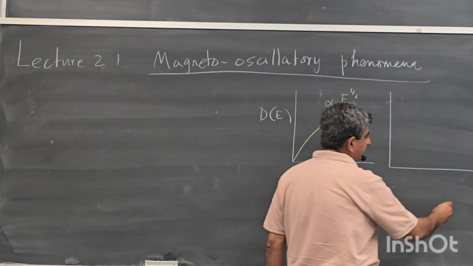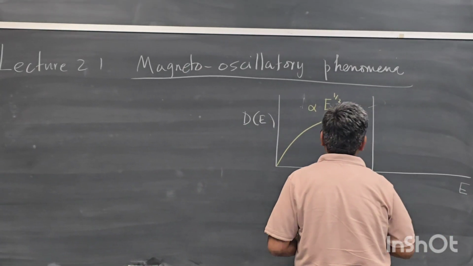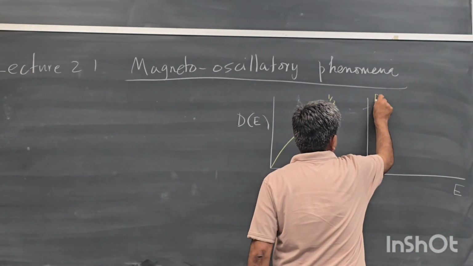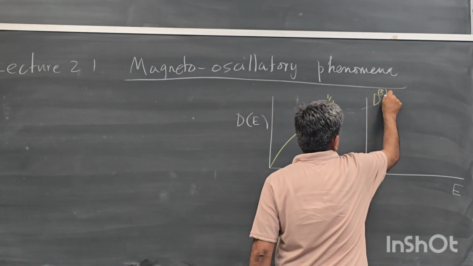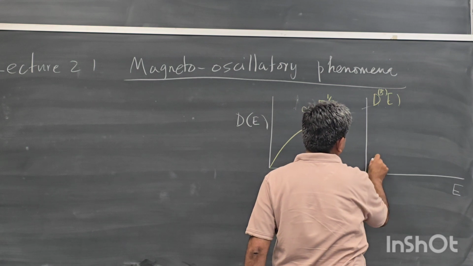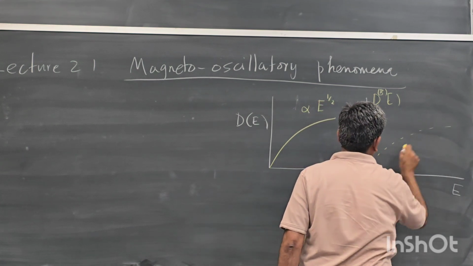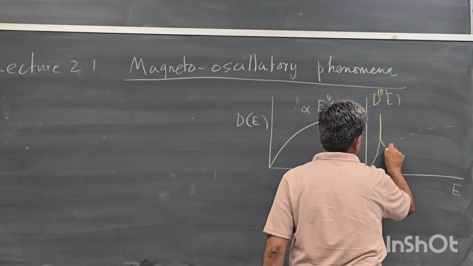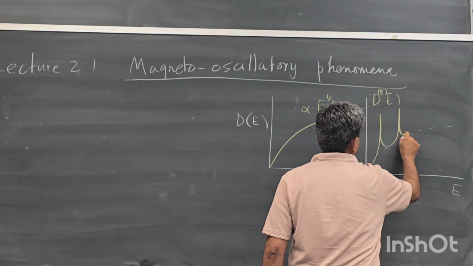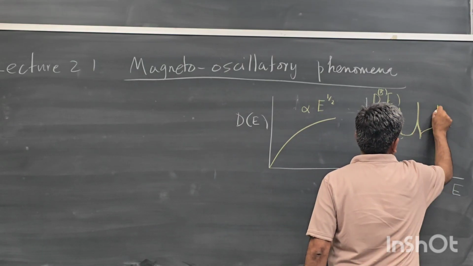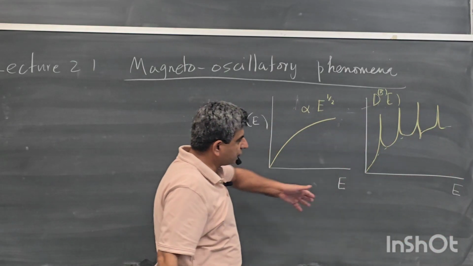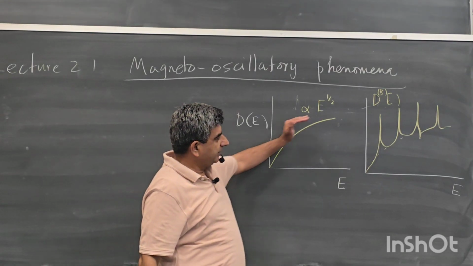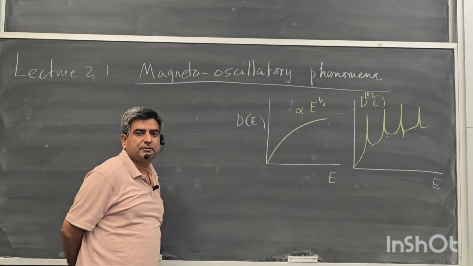And in the presence of a magnetic field, the density of states kind of rides on top of it; these are spikes on top of the native curve for a 3D solid.